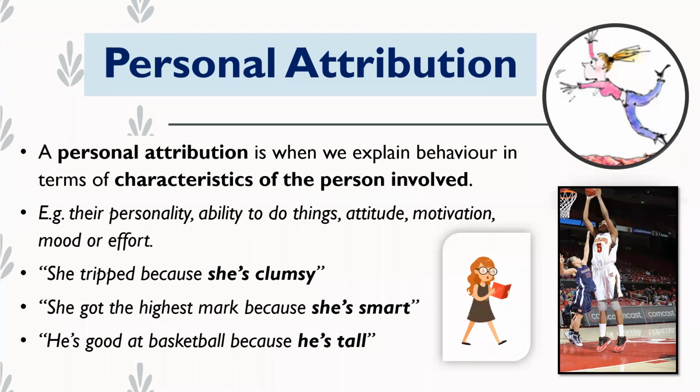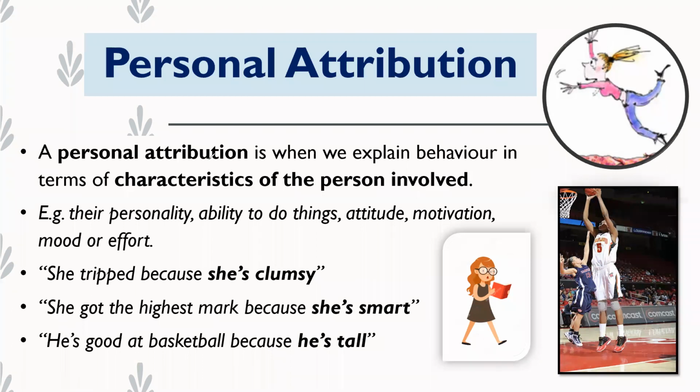So rather than blaming or rather than attributing an external factor to them falling down or tripping, you are attributing or you are associating their personal characteristics with that behavior that they've gone through.